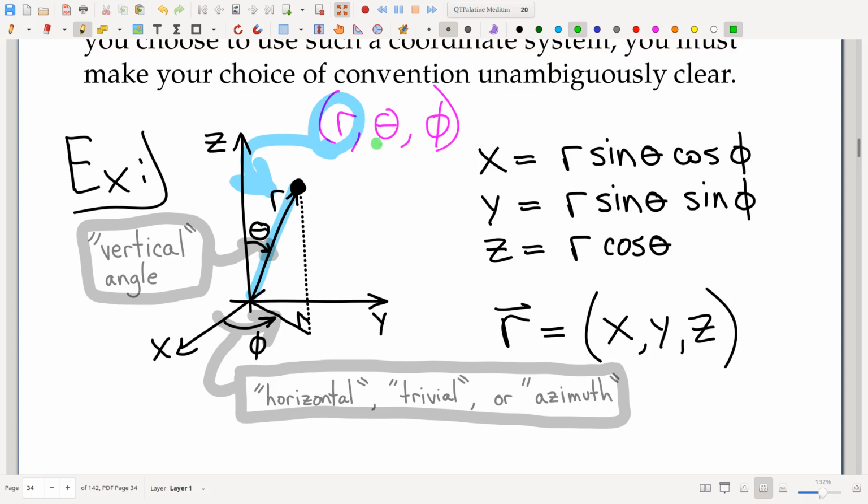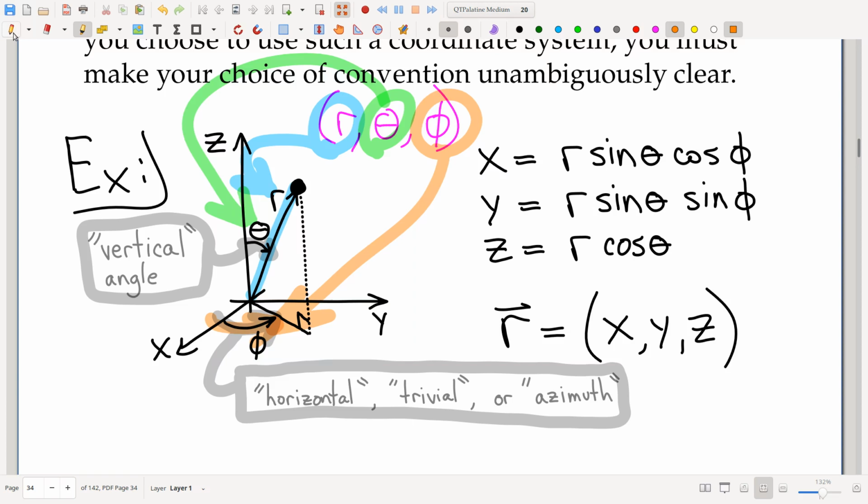Whatever you list second is what you're assigning to the vertical coordinate, and what you're listing third is what you're using for the horizontal coordinate. So that ordering of distance, then vertical, then horizontal, that's non-negotiable. That's always got to be like that.